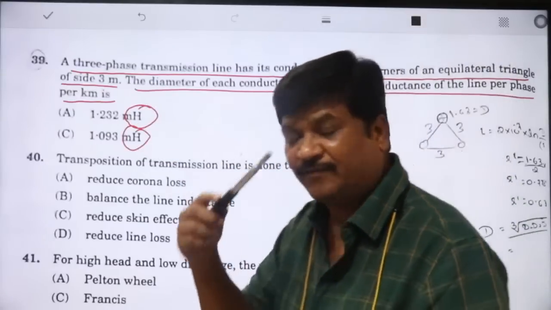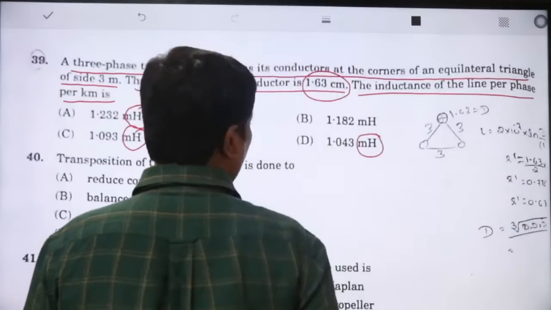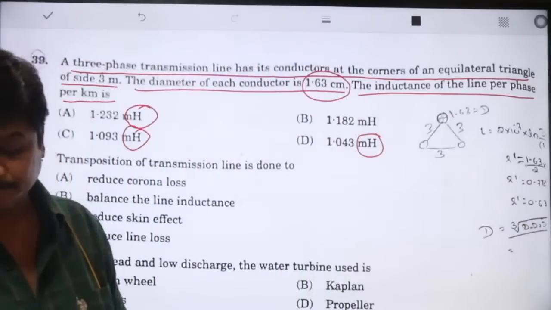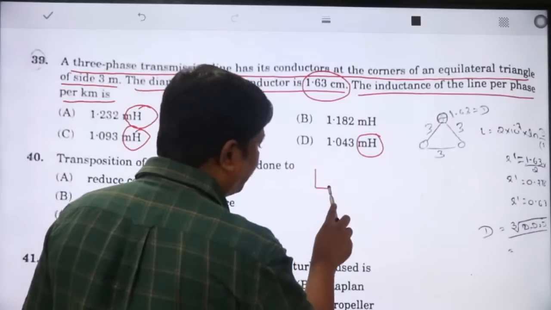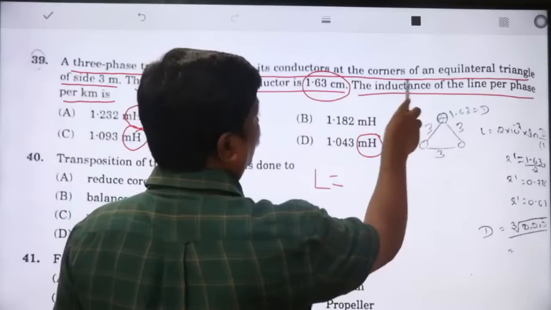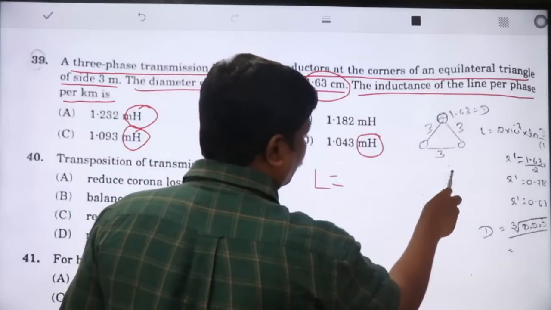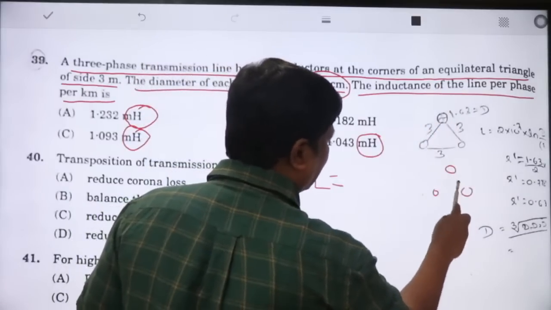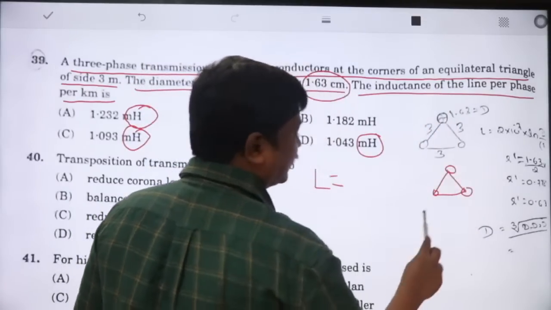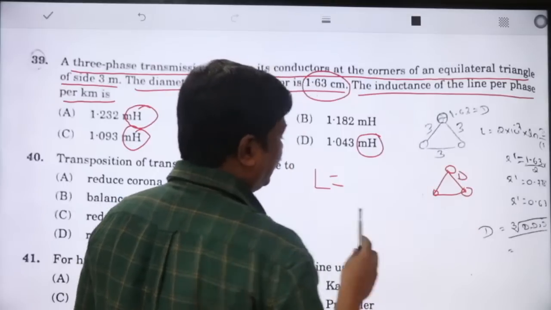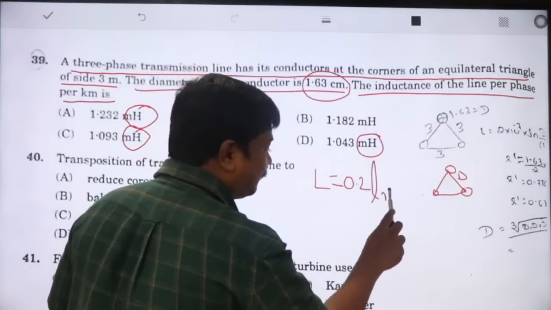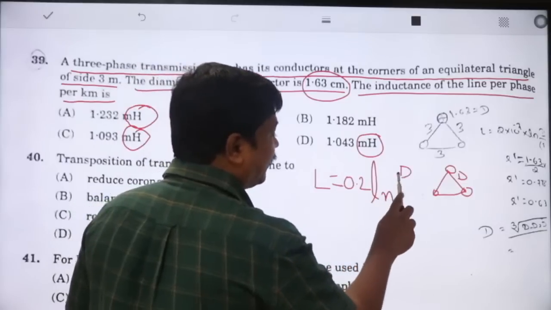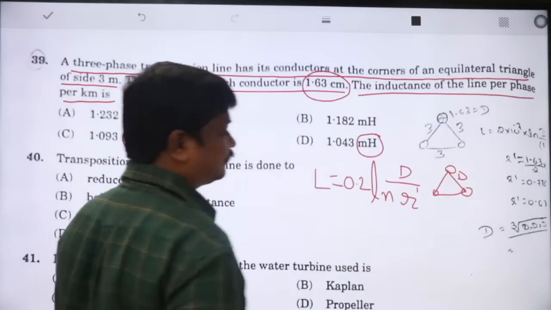What is the formula for this one? The formula for inductance if symmetrically placed: equilateral triangle, one conductor is here, another conductor is here, another conductor is here, with a distance of d. What is the formula? 0.2 ln d by r dash.